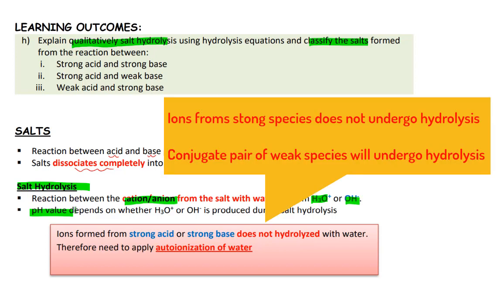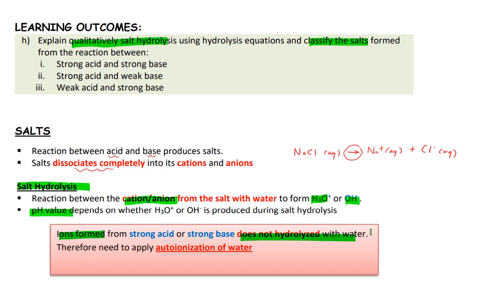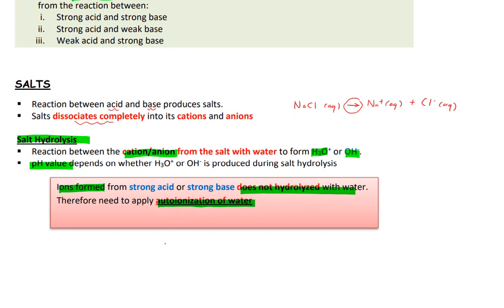If you have a strong acid or strong base, the ion from this strong species does not hydrolyze with water. That means it will not undergo salt hydrolysis. Therefore, you need to apply the auto-ionization of water. You have learned about this before, where we use H2O liquid in equilibrium with its cation and anion, which is H+ and OH-.